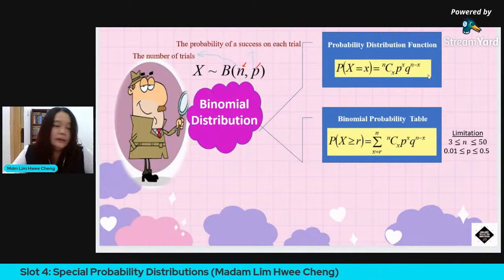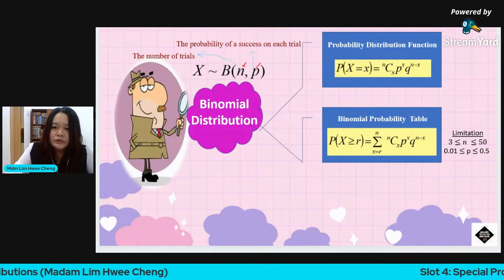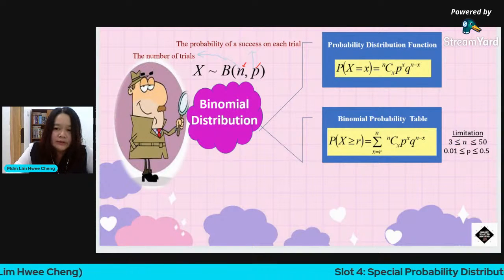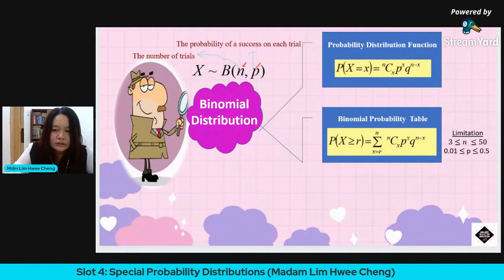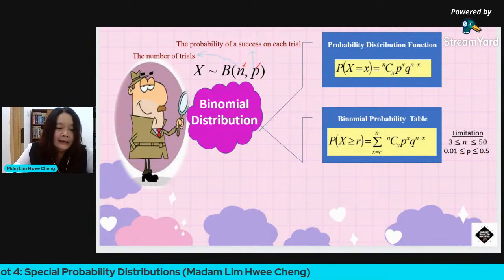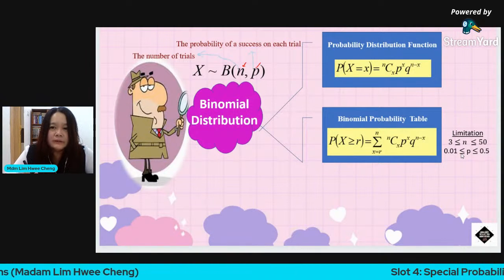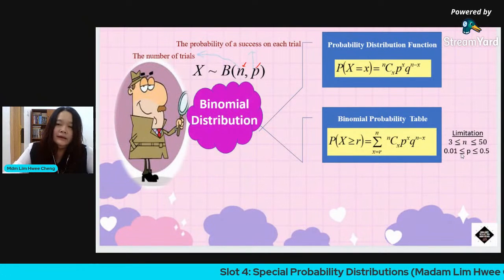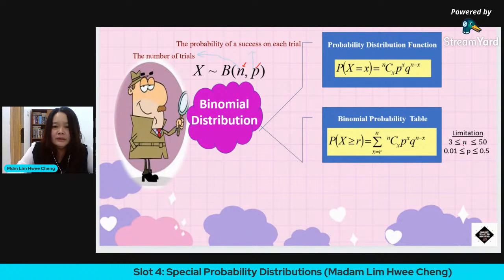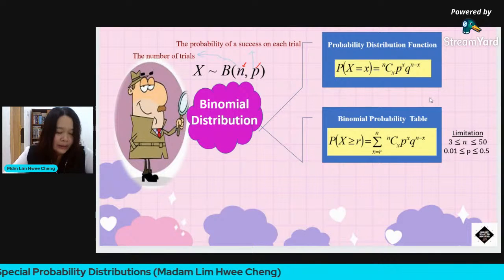If you read the probability from the tables, we are restricted to n greater than or equal to 3 and less than or equal to 50 only, and probability from 0.01 until 0.5. Other than this, you have to use the formula of the probability distribution function to calculate. If the question given is not in the range, you must use the formula to calculate.